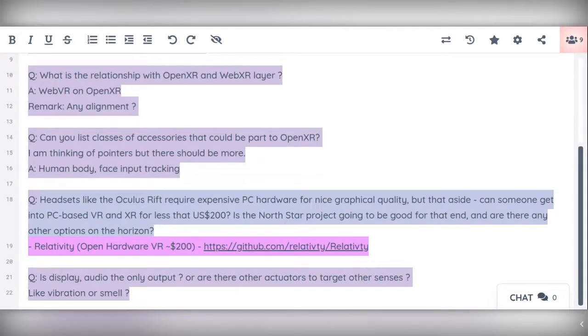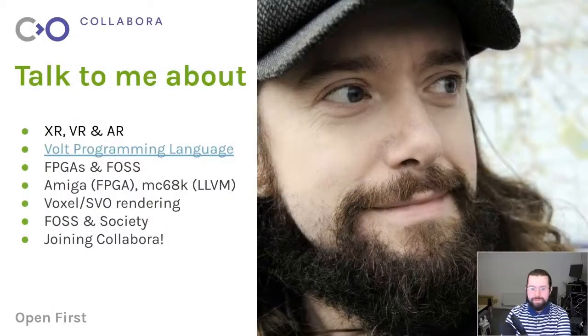Okay, the next one: is display audio the only output, or are there other actuators to target other senses like vibration or smell? Currently in the OpenXR API, you only have display and vibration. So you have vibrations in the controllers. But there's definitely room to add more.